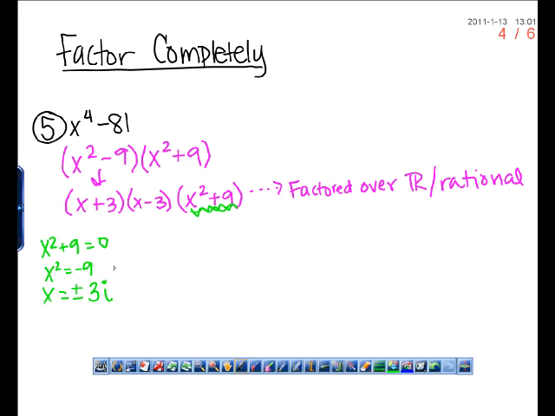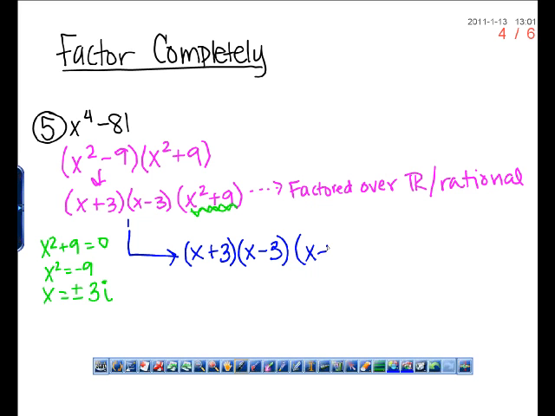So if I know I have a root of plus 3i and a root of minus 3i, can I write those as factors? Okay, so I'm going to try this again. I'm going to keep my x plus 3 and my x minus 3. But now, what are my other two factors?